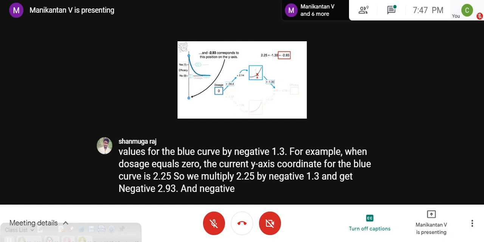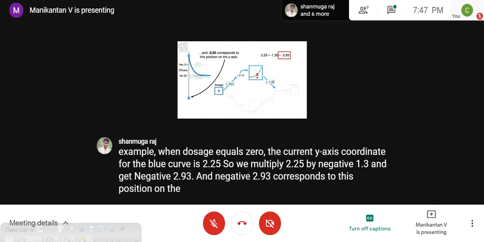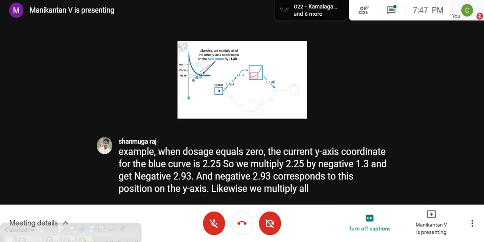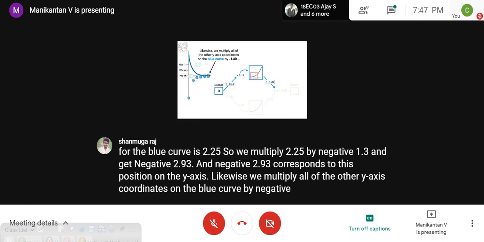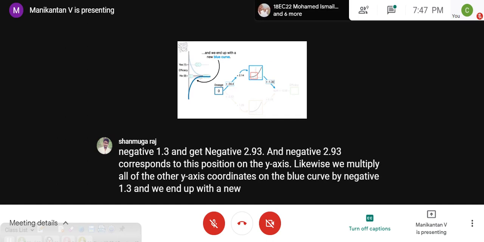And negative 2.93 corresponds to this position on the y-axis. Likewise, we multiply all of the other y-axis coordinates on the blue curve by negative 1.3, and we end up with a new blue curve. Bam!